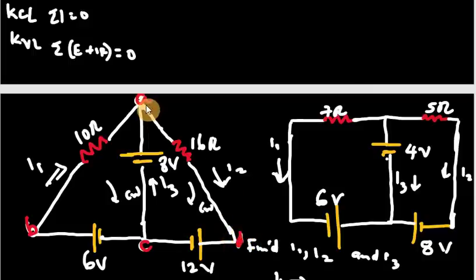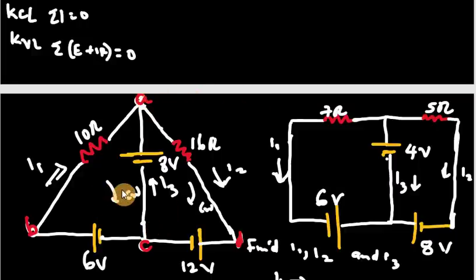If you notice, A, C, and D are closed, so this is a loop. Notice again, A, C, and B are closed. It's a loop. So in this problem, we have two loops, A, C, and D, and A, C, and B.